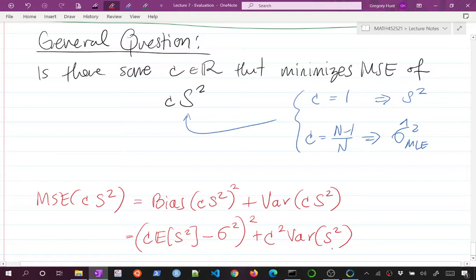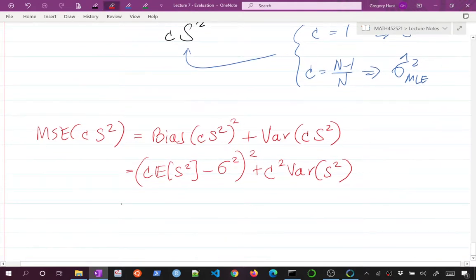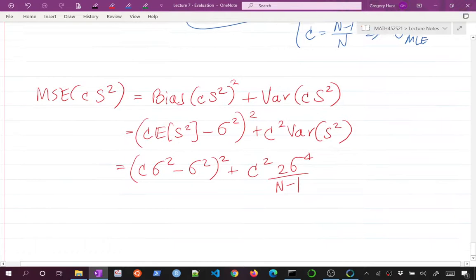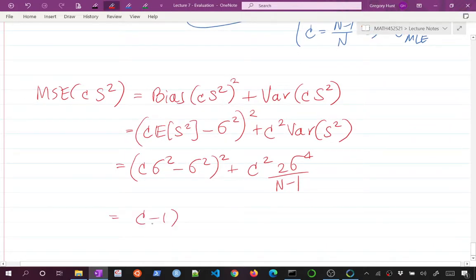We know that the expected value of s squared is sigma squared, and the variance of s squared was 2 sigma to the 4th over n minus 1. So what do we get? We get c minus 1 quantity squared times sigma to the 4th, plus 2c squared over n minus 1.